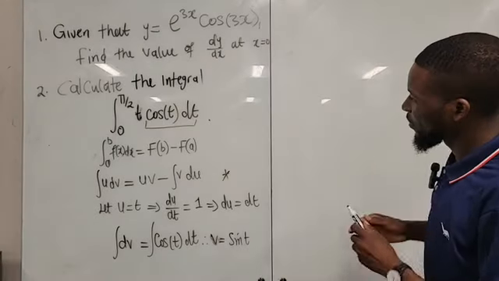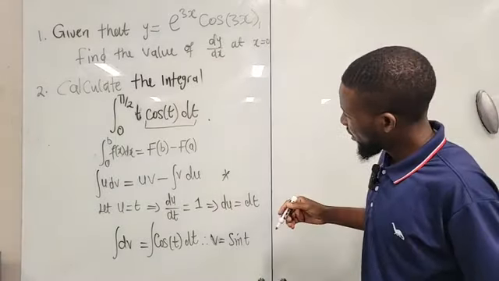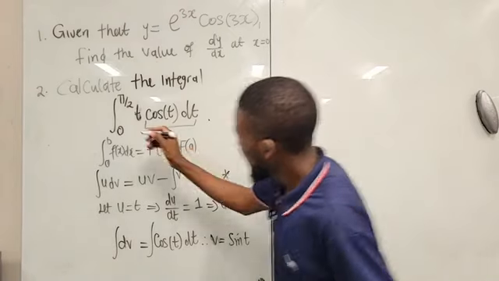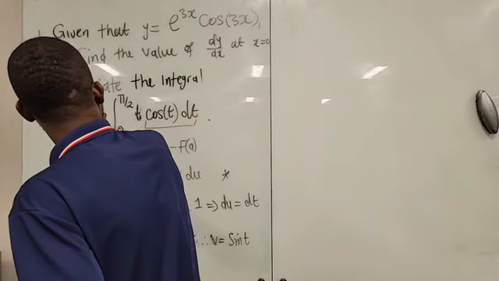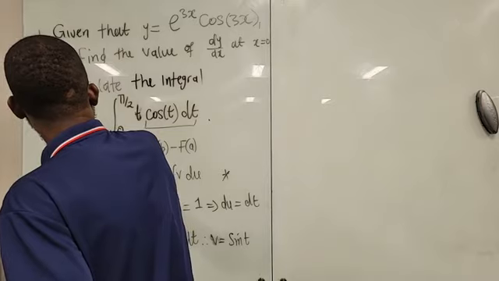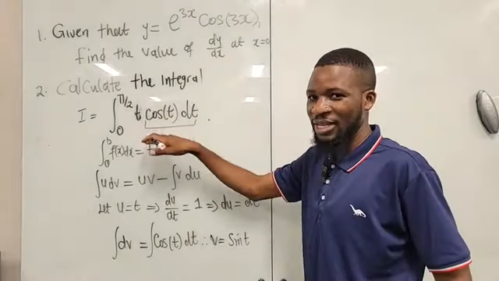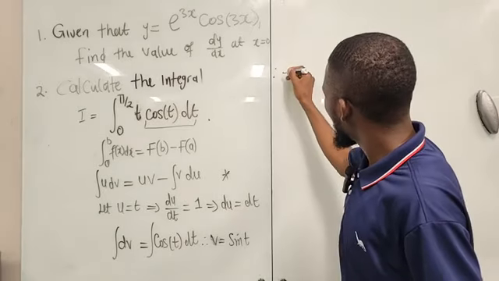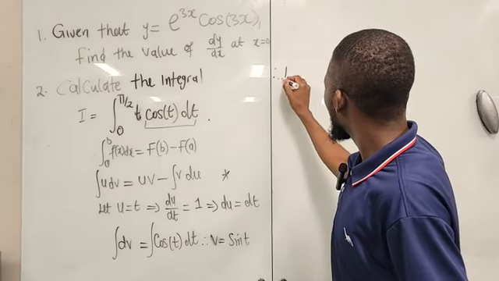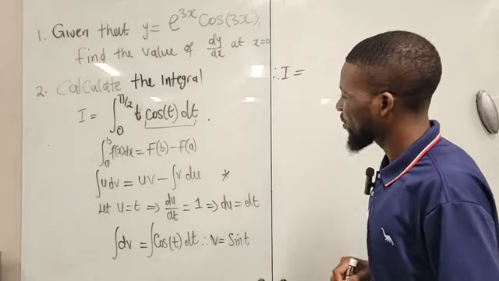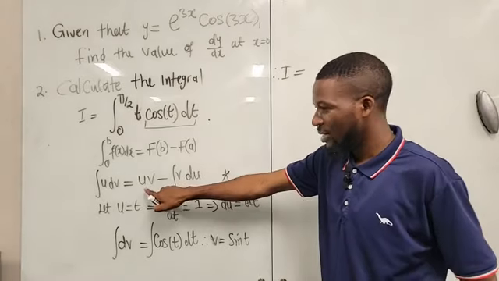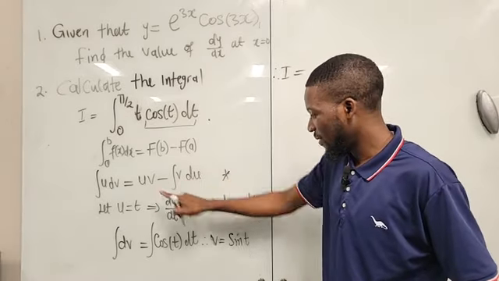All right, so let us call this integral I. I'm just writing I because I don't want to rewrite the integral. So therefore, our I becomes, so we said we take u multiplied by v.